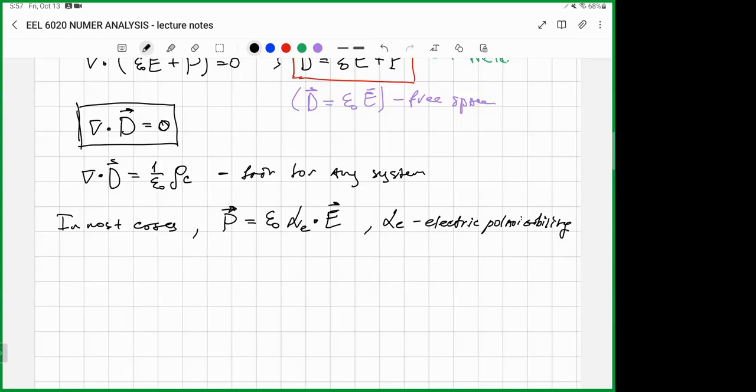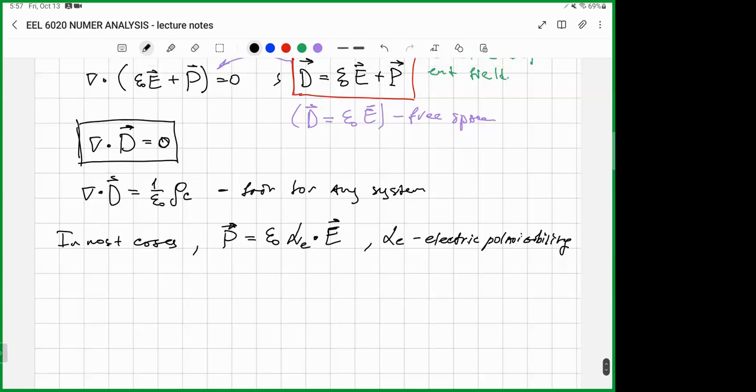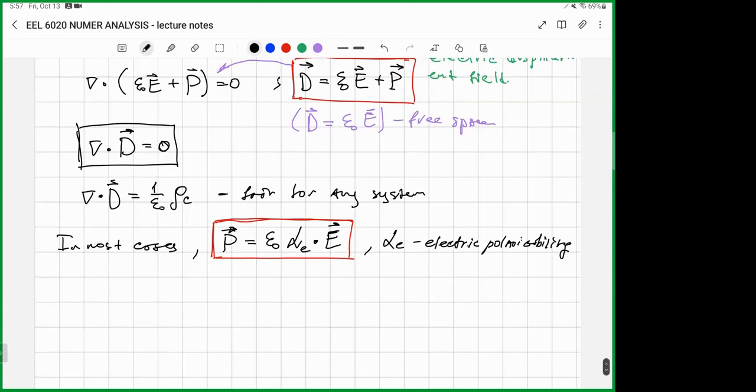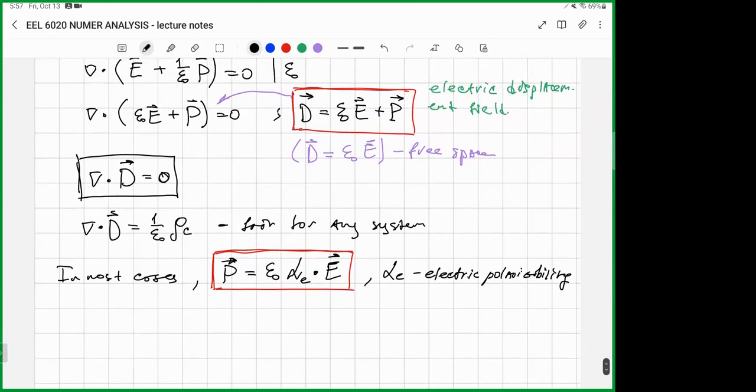Usually it's fair that polarization is linear in electric field. Of course, if the electric field becomes too strong, then the dependence is not like this, and we get some nonlinear effects. But in most cases, the polarization is described by this formula. So let us plug in this polarization, which by the way deserves to be framed, into the formula for the electric displacement field above.